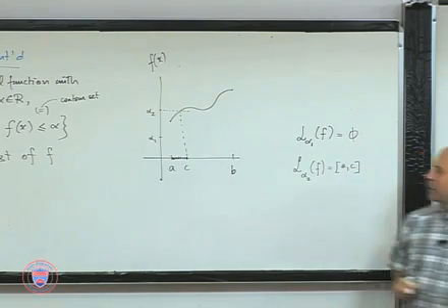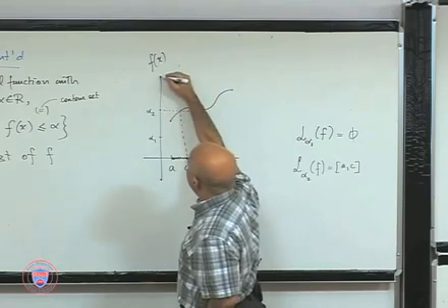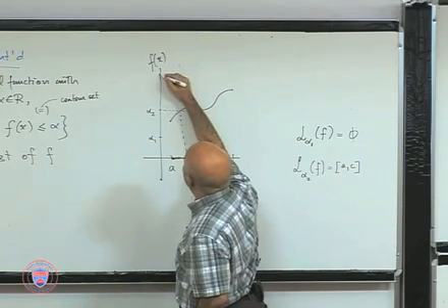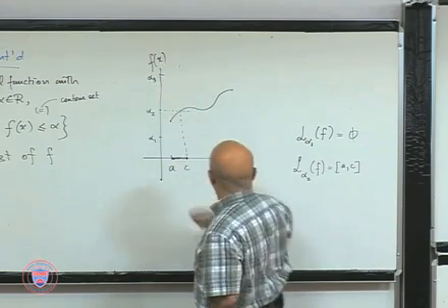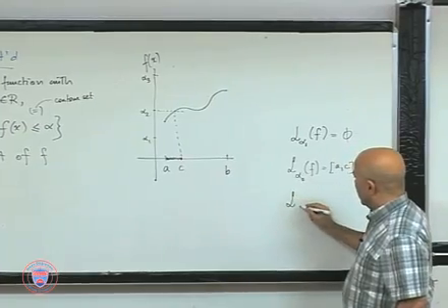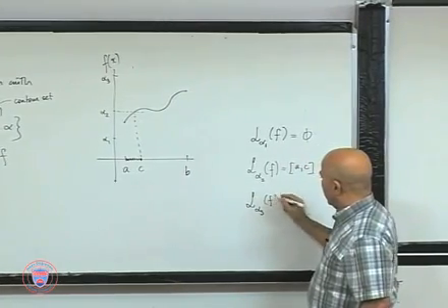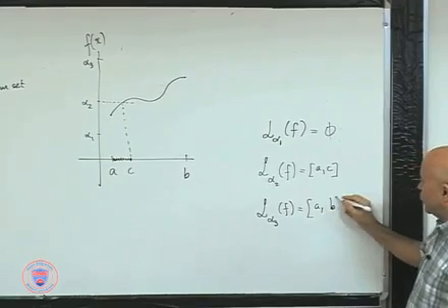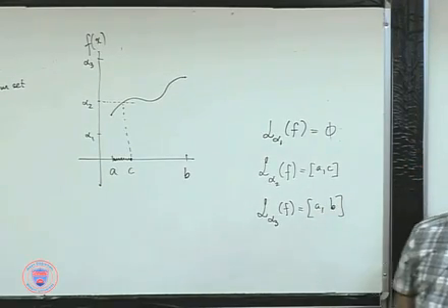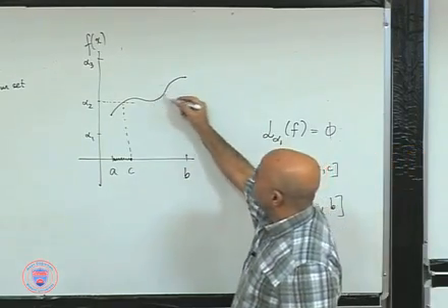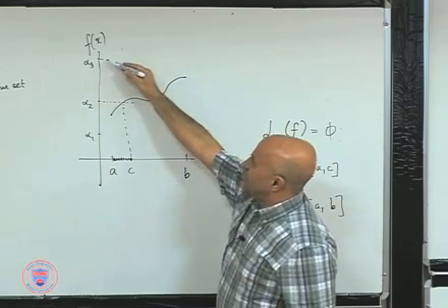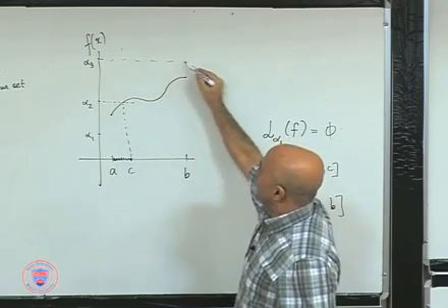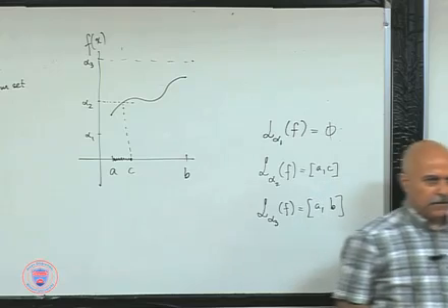Okay? If I happen to pick alpha up here, alpha 3, in that case, L of alpha 3 is going to be how much? The entire interval from A to B, because the value of the function is always less than or equal to alpha 3, because it's way up here. You see that, okay?